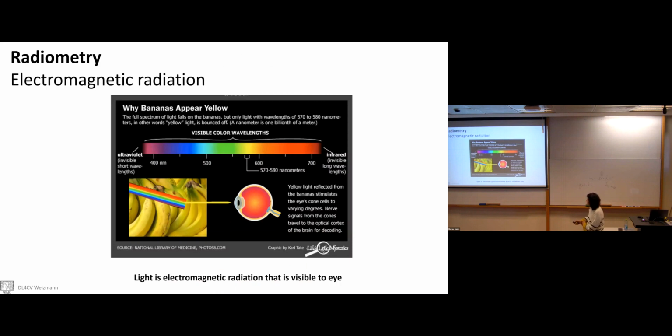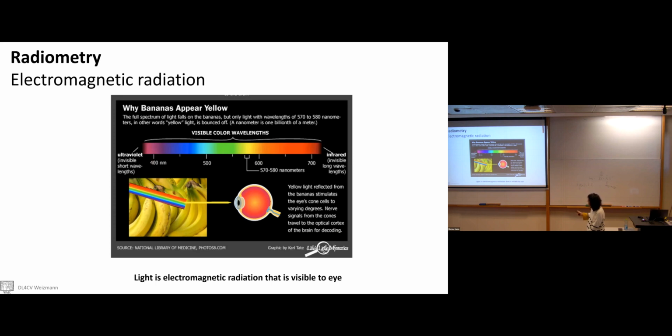Okay, just to let you understand what a color is, a very illustrative example: why is the banana yellow? The idea is the following: light is electromagnetic radiation, and the frequencies of the visible light, the colors, are between this and this. That's what we see.